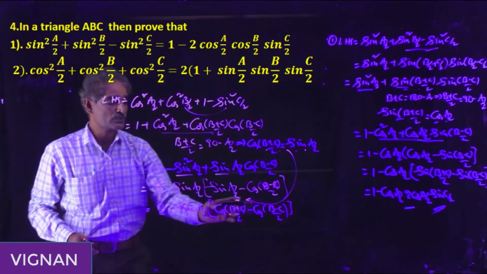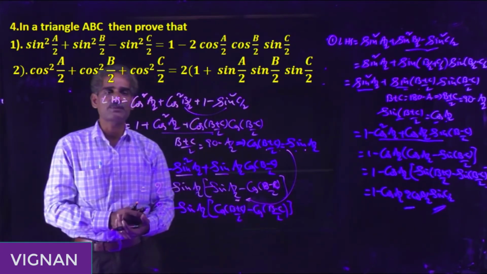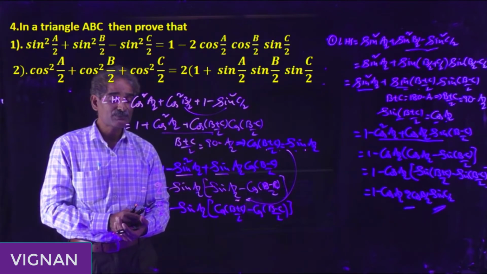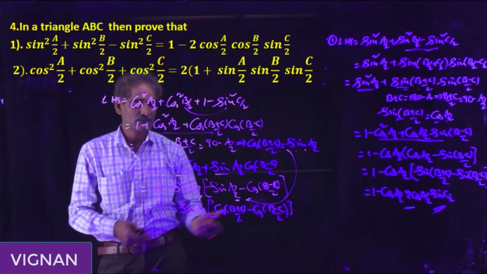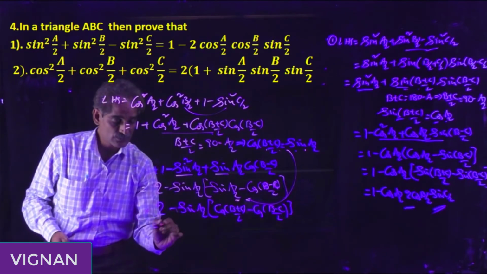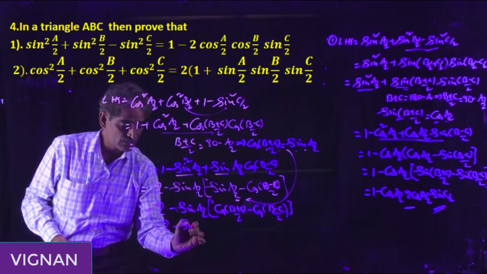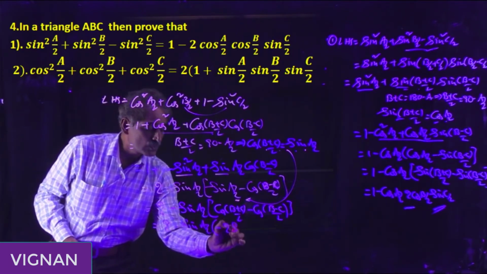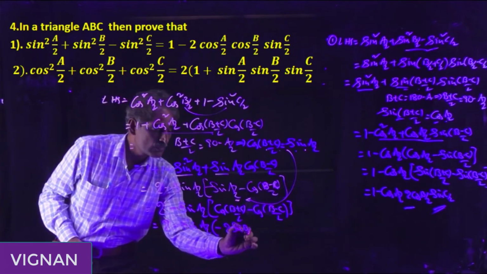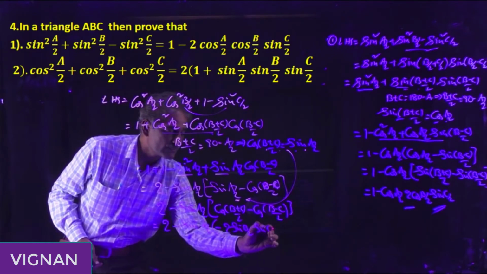Now observe these two: cos A plus B minus cos A minus B is minus 2 sin A sin B. That's it. So here you can write sin A by 2 and minus 2 sin B by 2 sin C by 2.